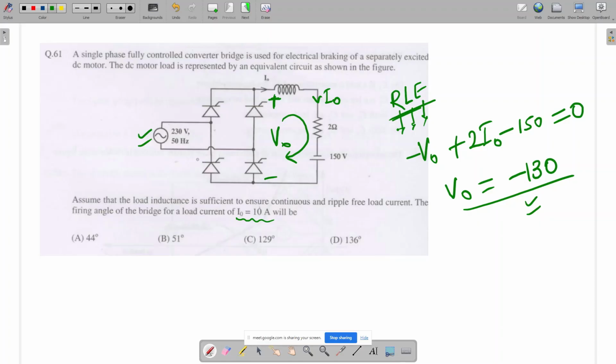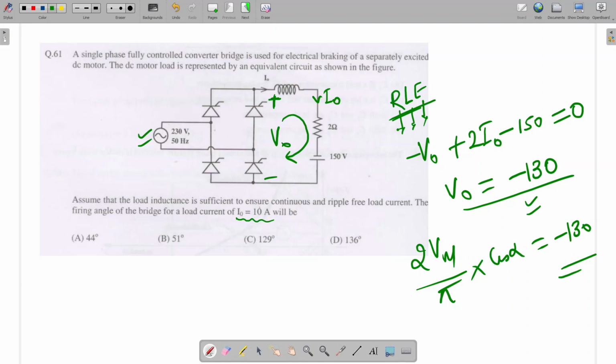For a full bridge converter we already know the formula, 2 Vm upon pi into cos alpha. This should be equal to minus 130. So here we can calculate the value of alpha. Vm is the peak value, since 230 is the RMS value, so Vm will be 230 into root 2.